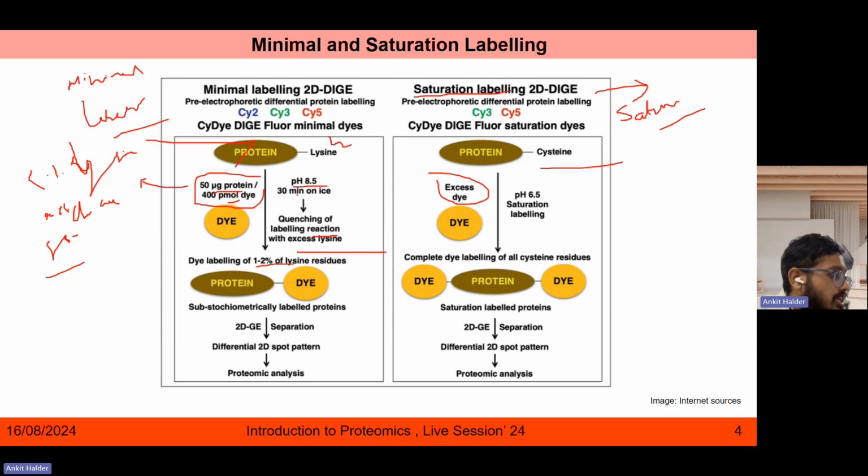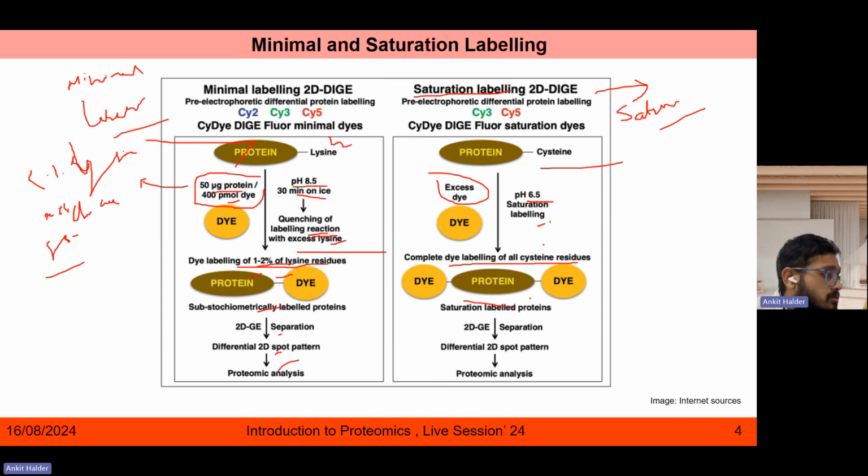So for minimal labeling you have pH 8.5, 30 minutes, quenching of the labeling reaction with excess lysine, and for saturation labeling you are not quenching any excess, and you are giving excess dye rather. Complete dye labeling of all cysteine residues, versus dye labeling of 1 to 2% of lysine residues. Now protein and dye, the substoichiometrically labeled proteins, 2D gel separation, differential 2D spot pattern, proteomic analysis.